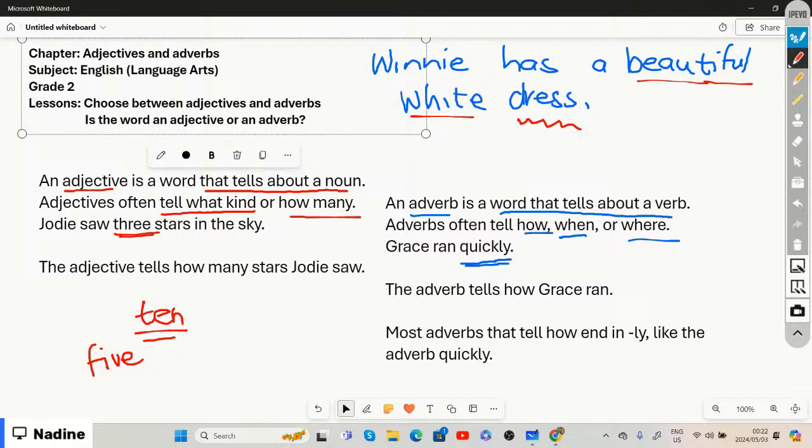And then once again, we made an example of adverbs, and we said that adverbs tell us either how, when, and where.